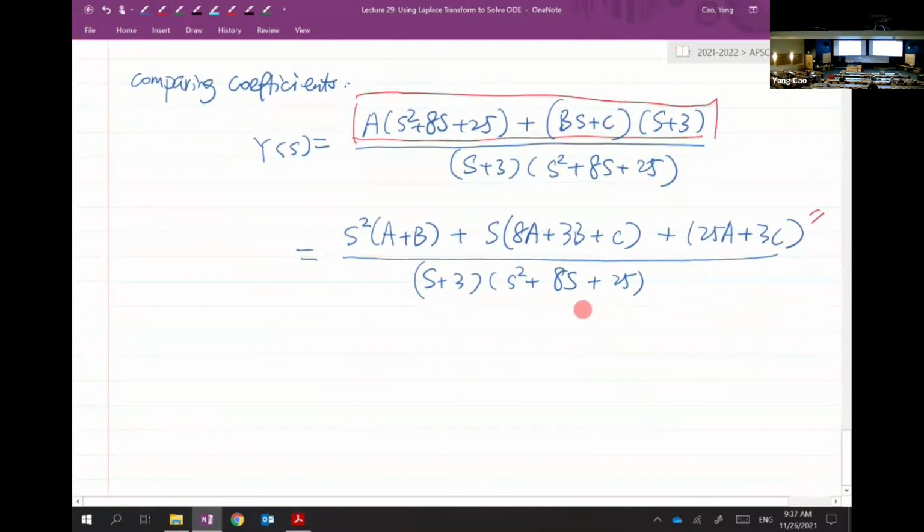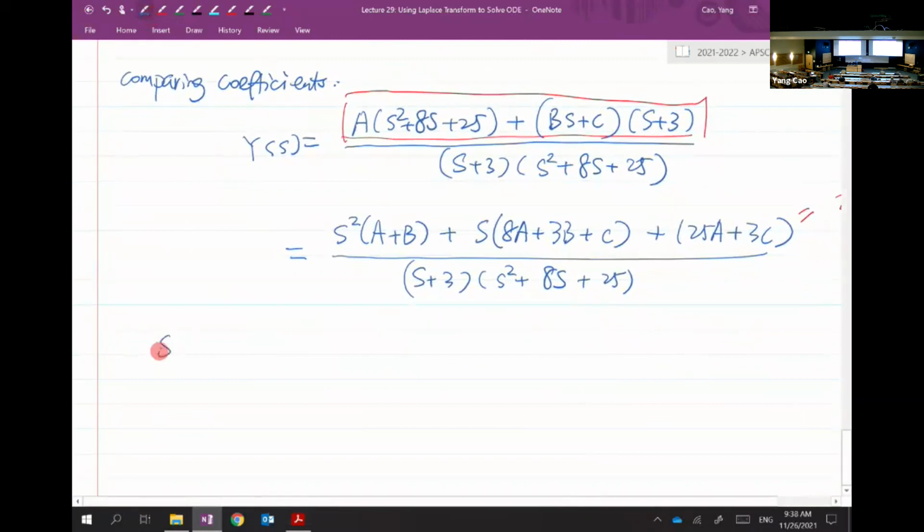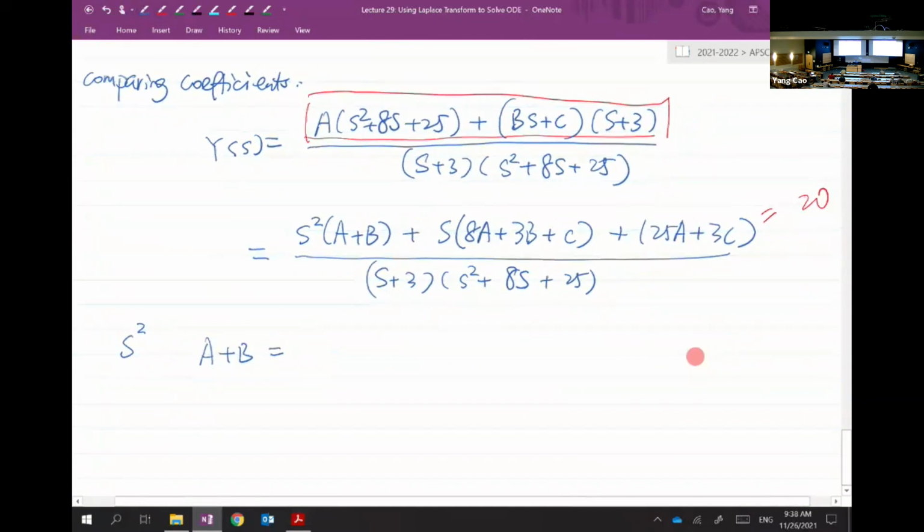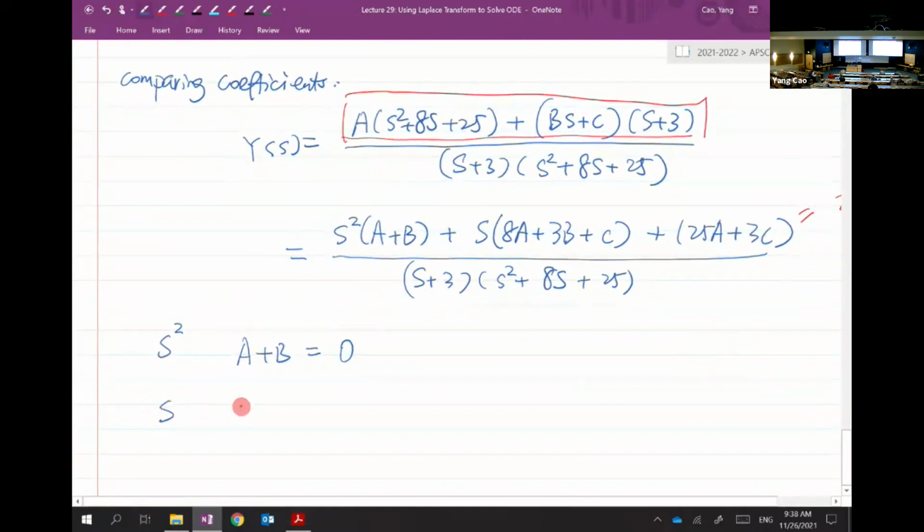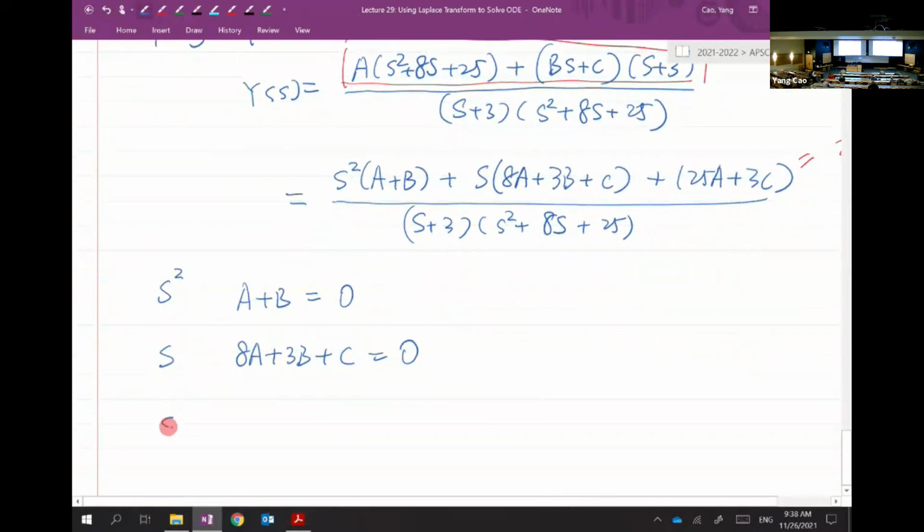So first compare coefficients associated with s squared, which is a plus b. And the coefficient for s squared on the other side, there's nothing, so it's 0. And then compare the coefficient associated with s. That's 8a plus 3b plus c. And again, it's 0 because there's no s term on the right side. Lastly, compare the constant terms: 25a plus 3c should equal 20.